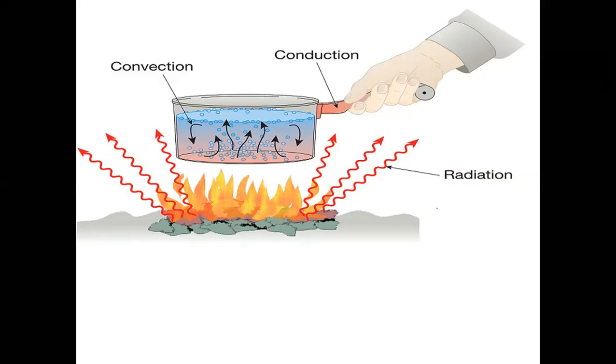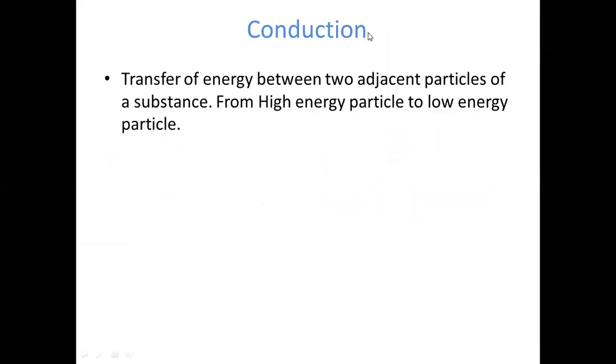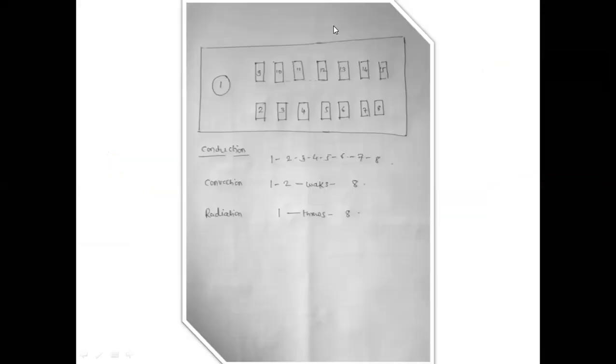Now first of all we will see what is meant by conduction. This is a very popular example. Most of the teachers use this example for conduction. Suppose this is a classroom of 14 students. This is the class teacher or subject teacher, and the subject teacher wants to pass something, suppose a notebook, to this student.